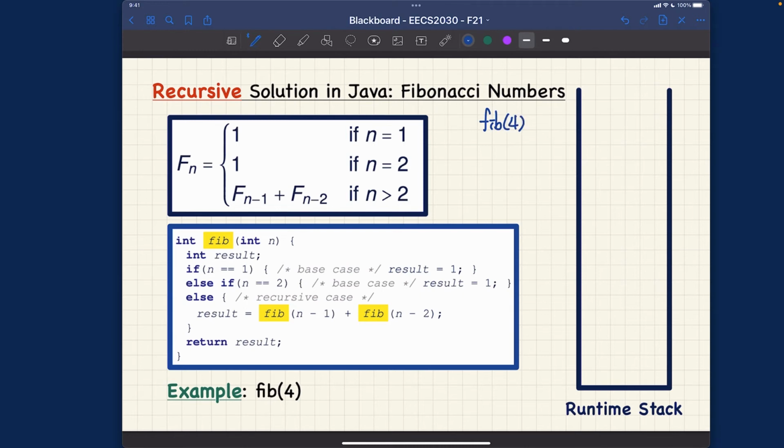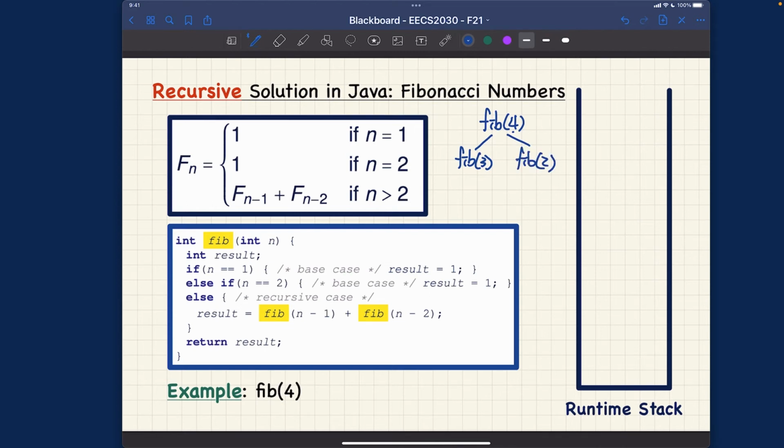It is going to reach the recursive case because 4 is too large. It's not reaching the base case just yet. So it's going to boil down into the execution of n-1 and n-2, so Fibonacci of 3 and also Fibonacci of 2.